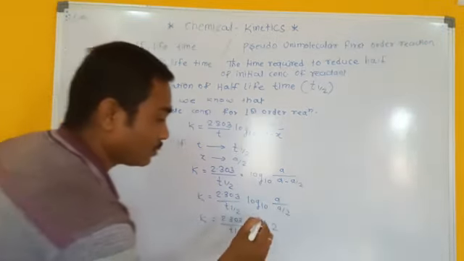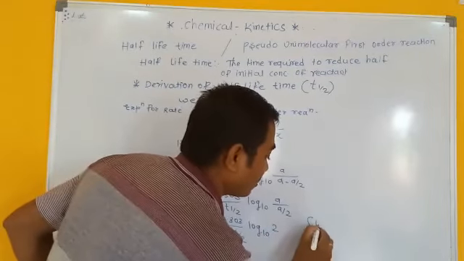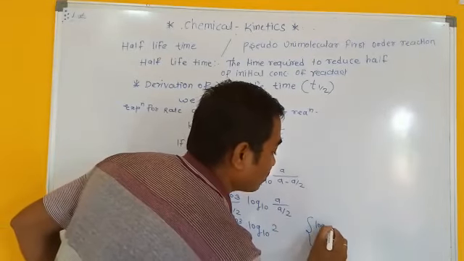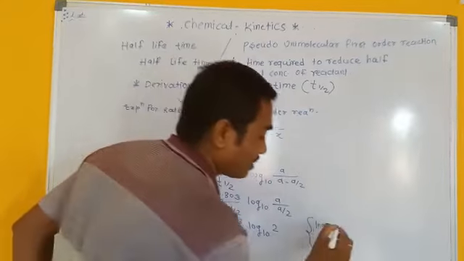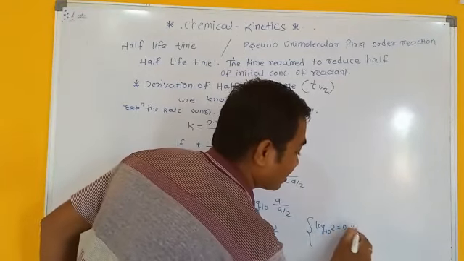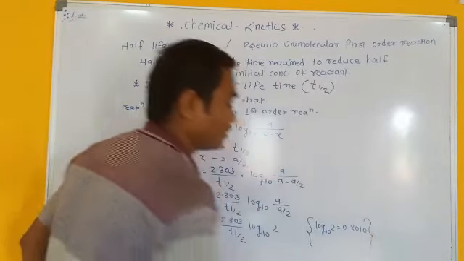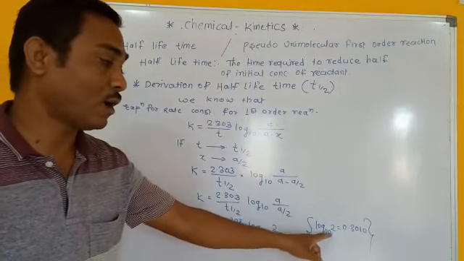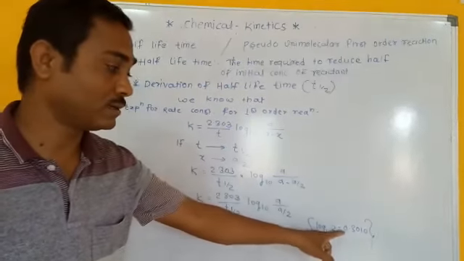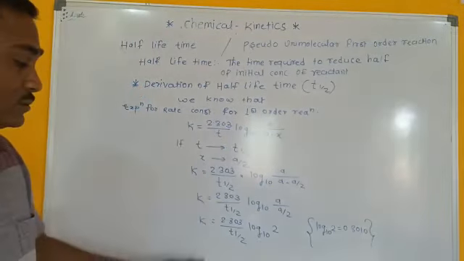We know the value of log to the base 10 2 from the log table: log to the base 10 2 is equal to 0.3010.